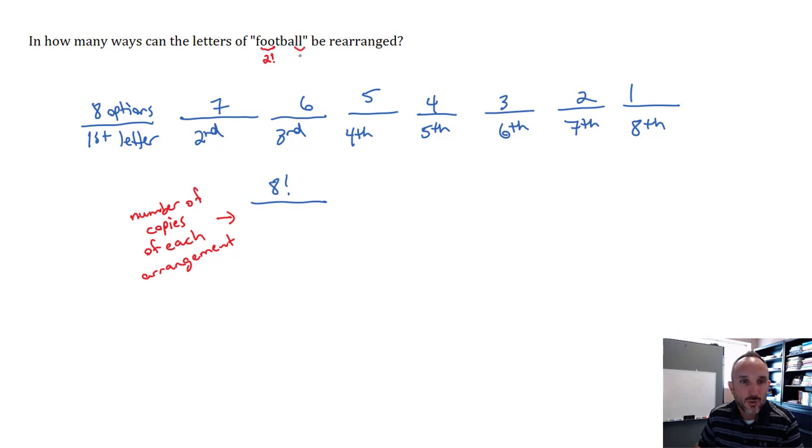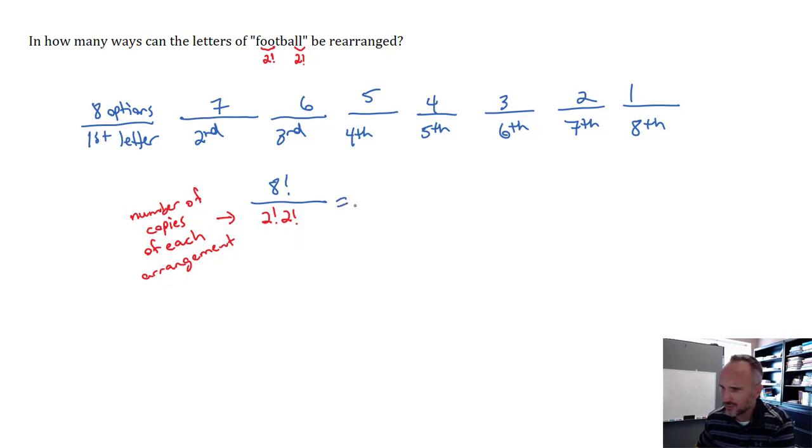And because there's 2 L's, the L's can also be rearranged in 2 factorial ways. So what we have to do here is divide 8 factorial by 2 factorial and another 2 factorial to account for the arrangements of the O's and the L's. Okay? So this is going to delete all the copies of various arrangements.